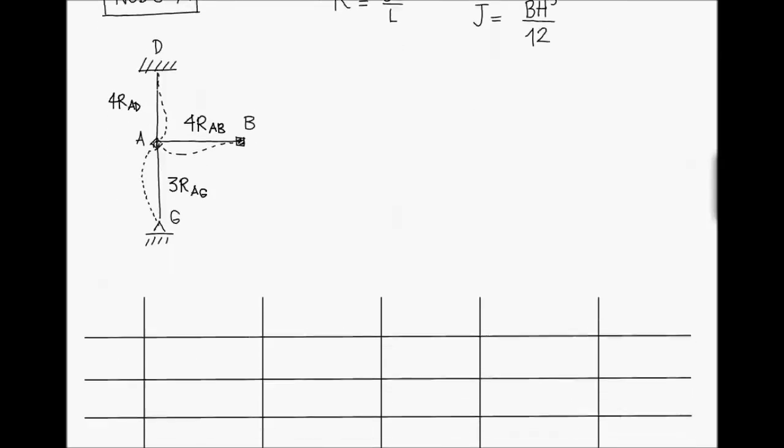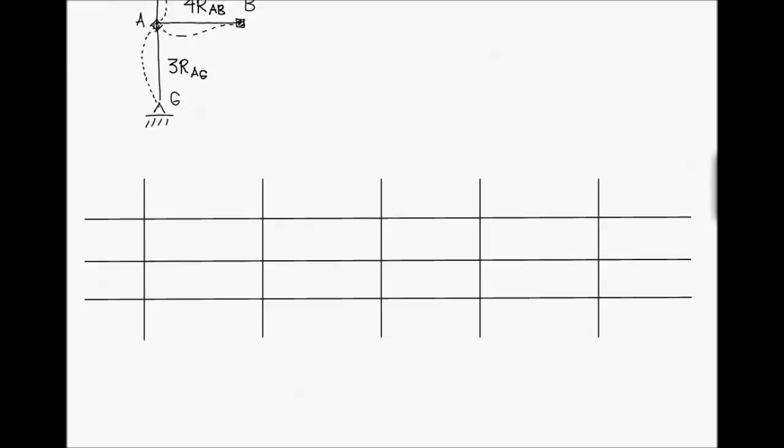We now consider this table here for the calculation of the rho factors. We have the first column for the beams converging in the node. So we have beam AB, beam AD, and beam AG.